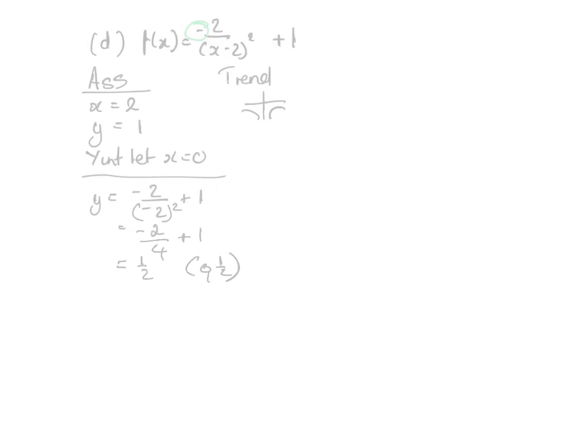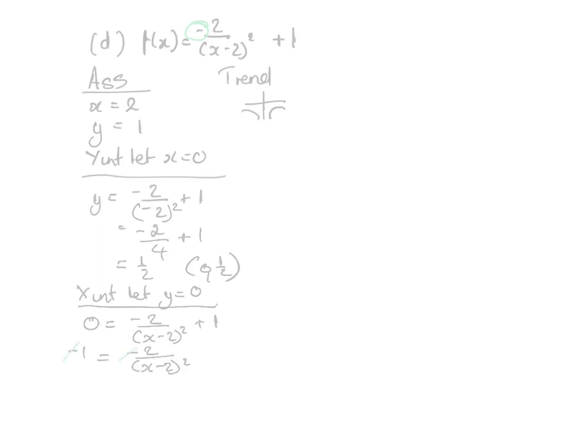For the x-intercept, what do you do? You let y equal to 0. Letting y equal to 0, we're getting 0 equal to minus 2 on (x minus 2) all squared plus 1. Bring the 1 across, minus 1 equals minus 2 on (x minus 2) all squared. Now the minuses cancel each other out.